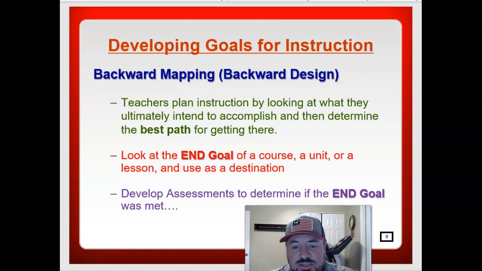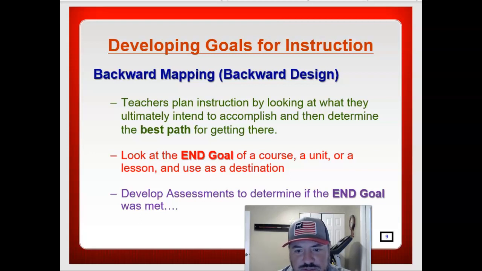We need to develop our assessments as checkpoints to determine if we're going to meet the end goal. If we have to get to Memphis by 7 p.m. to watch our little brother's basketball game, and we know when we leave, are we going to meet that end goal of getting there by 7 p.m.? We're going to have to check our time along the way. Do we have time to stop and get ribs in Cape Girardeau, Missouri?